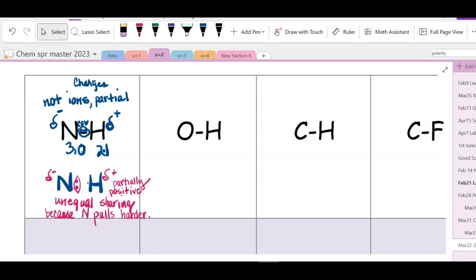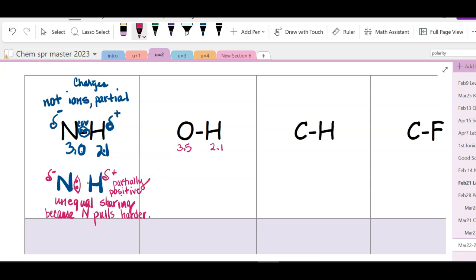All right, now let's look at oxygen and hydrogen. We know that oxygen, do you remember, had a 3.5. It's the second highest next to fluorine, literally, in the periodic table. And then this one is 2.1.